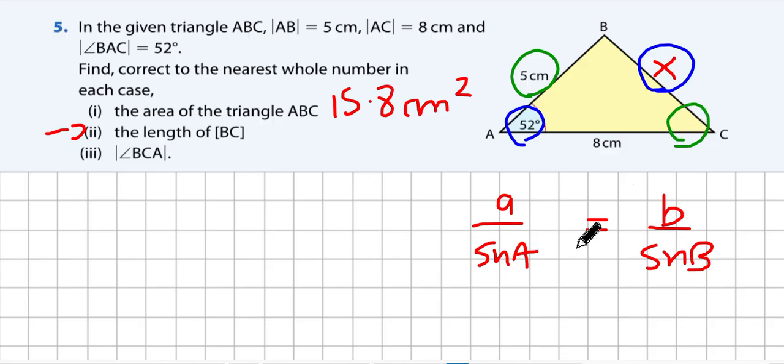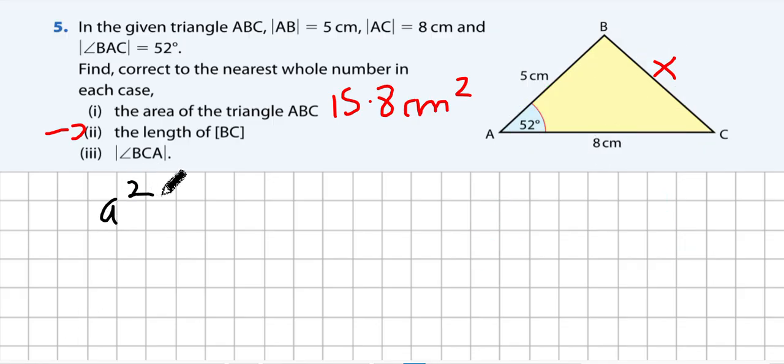Can't make the second fight. What about 8 versus blank? That means what? We have to use the cosine rule. Can't use the sine rule. Sine rule's gone. Not the right option. Now you're onto the cosine rule.